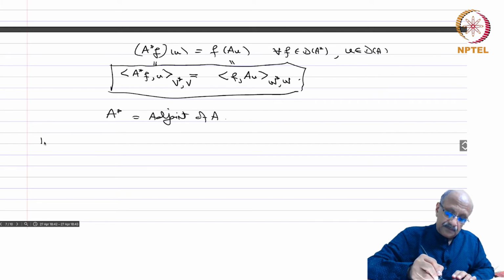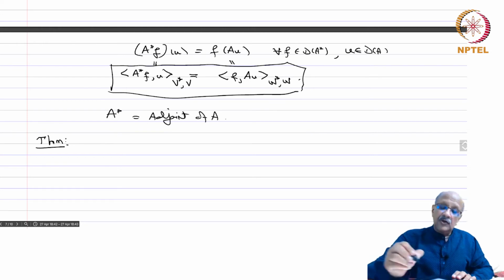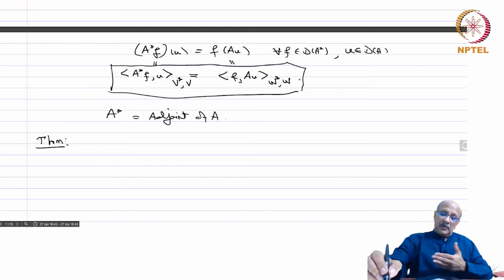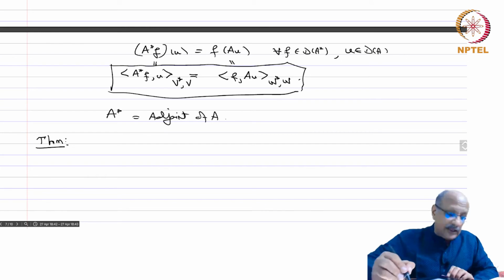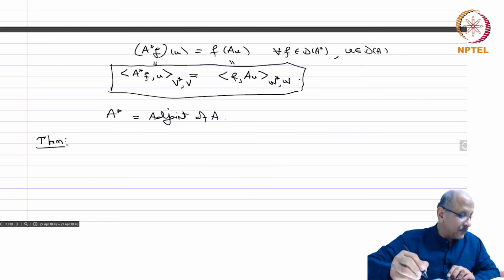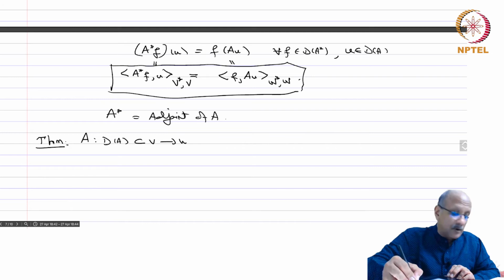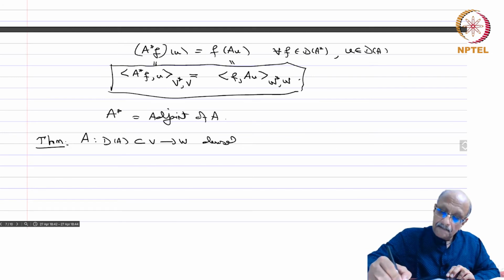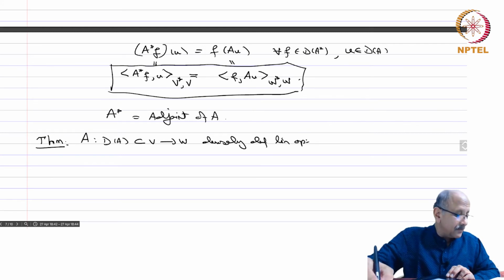Theorem. We can define the adjoint only for a densely defined operator because you need to extend it uniquely to the entire space using that definition. So A, D(A) contained in V going into W, a densely defined linear operator.